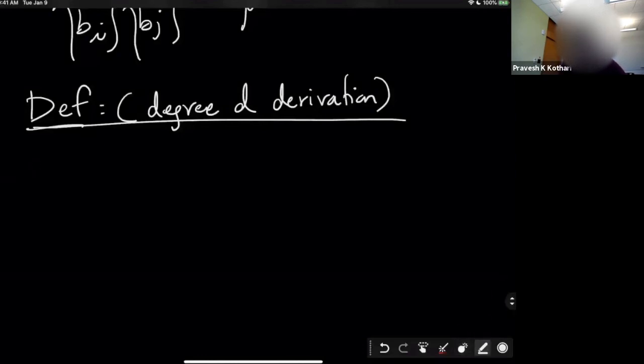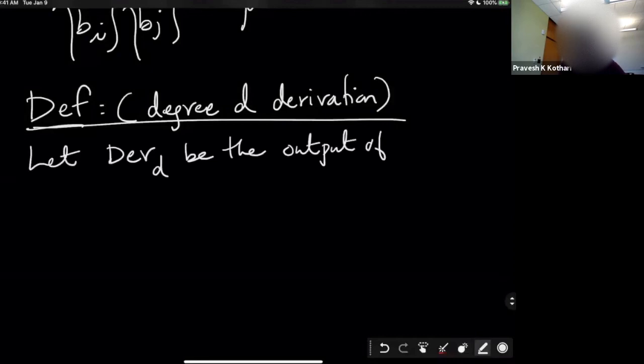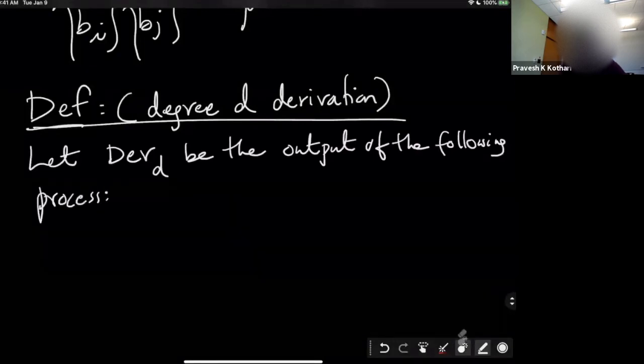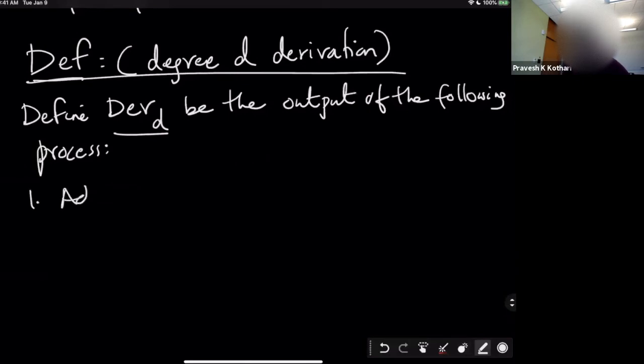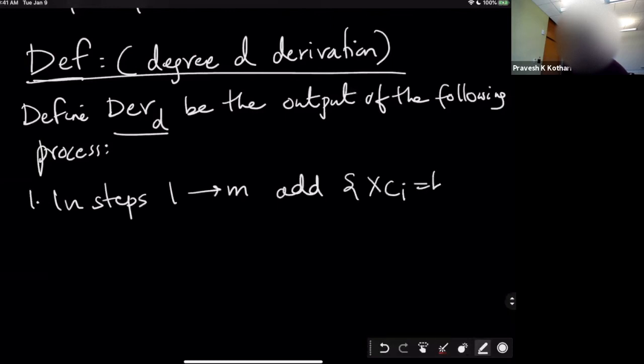So let's say the following. Let DERD be the output of the following algorithm or process. This is the definition. In steps 1 through m, add xci equals bi to this set DERD.